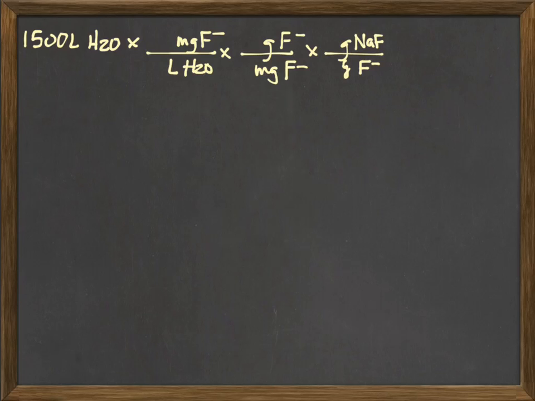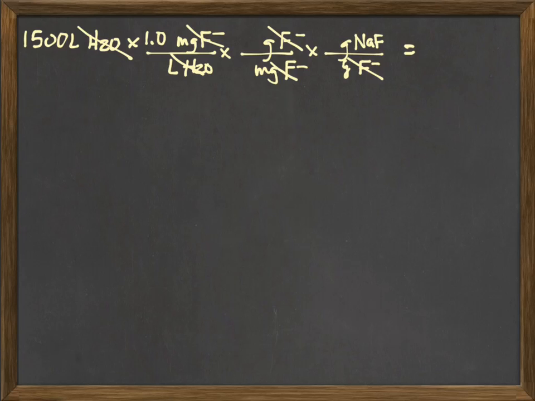So I'm just going to put all my units in there. Okay, so milligrams of fluoride per liter. That was given to us in the problem. It was 1.0.